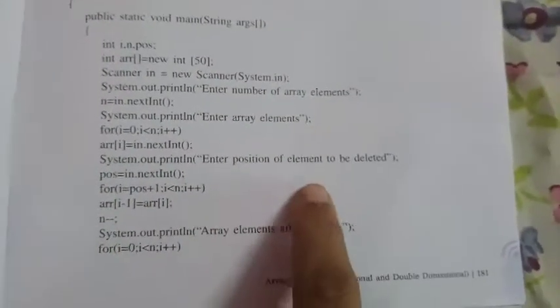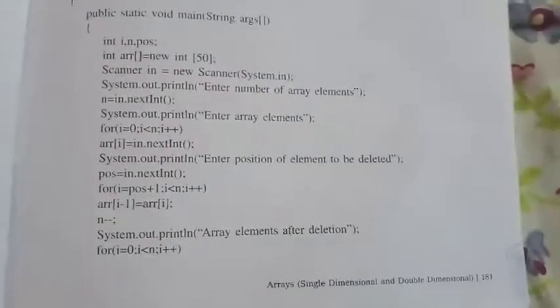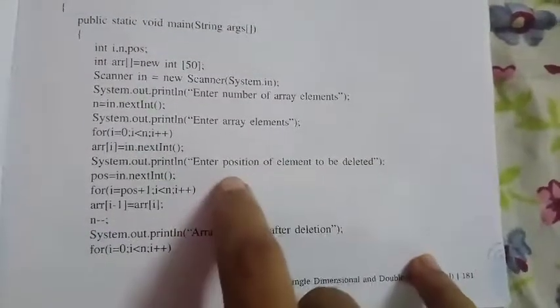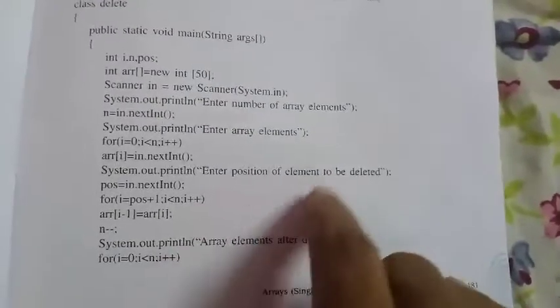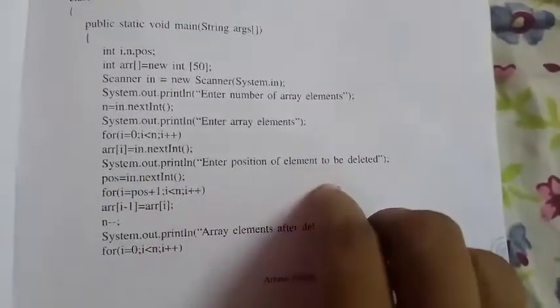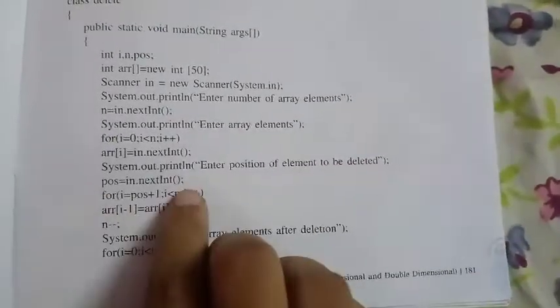Then enter the position of the element to be deleted. Here we don't know the element which you are going to delete; the position of the element alone we are going to get. That is, if the element at a of 1 has to be deleted, you will give it as 1.